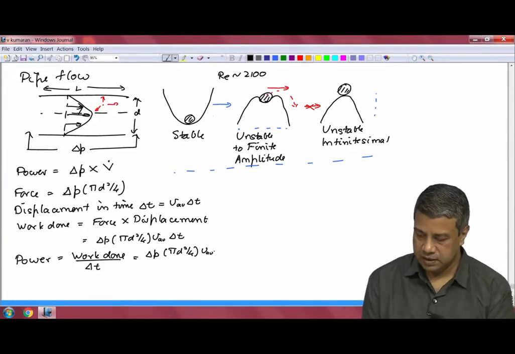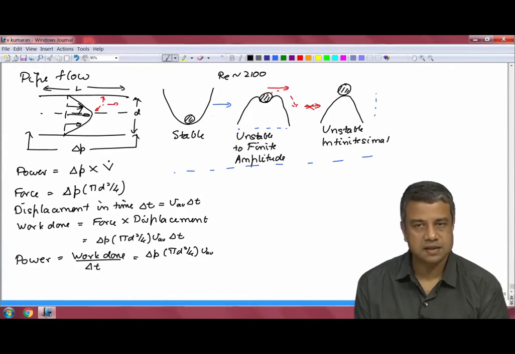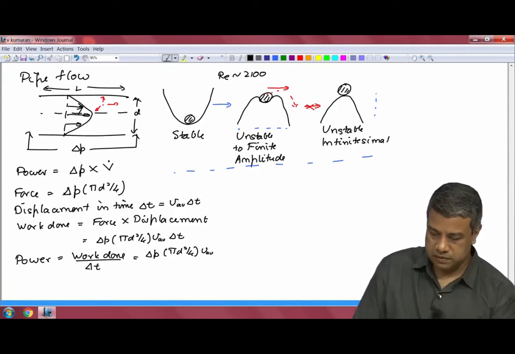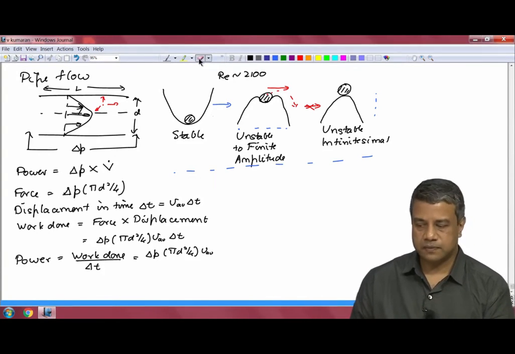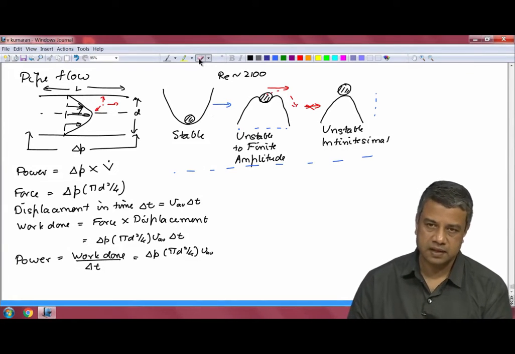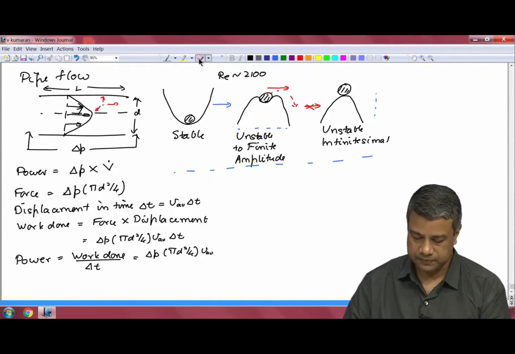V average into the cross sectional area is the volumetric flow rate. So, that is the power required for driving the flow. And we know that the pressure drop for a turbulent flow is much higher than for the laminar flow at the same Reynolds number or at the same flow rate.